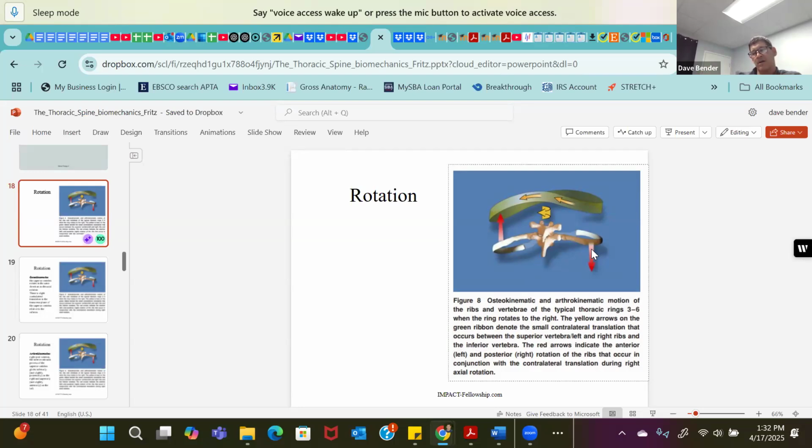So if I have somebody stuck in a right rotation, I'm going to look for: do I have a translated segment? Are my facet joints able to flex and extend in the direction that's appropriate for this rotation? Do I have a restricted rib glide that could potentially be locking this person up?